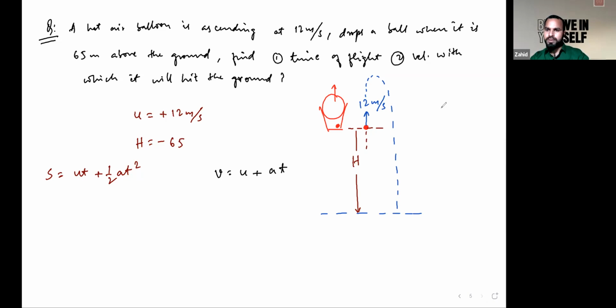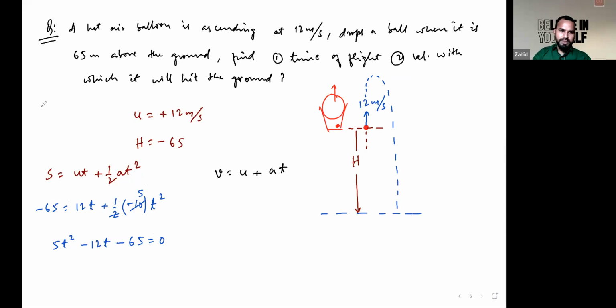Mariam, just check your calculation. Sabita, just check your calculation. If you put the value of S as minus 65, it is 12 into t plus half, acceleration is minus 10, into t squared. So this 10 will cancel out. It will be 5 times t squared minus 12 times t minus 65 equals 0.